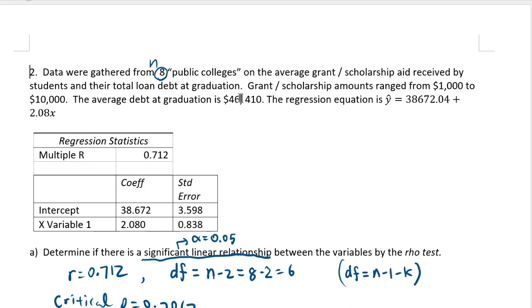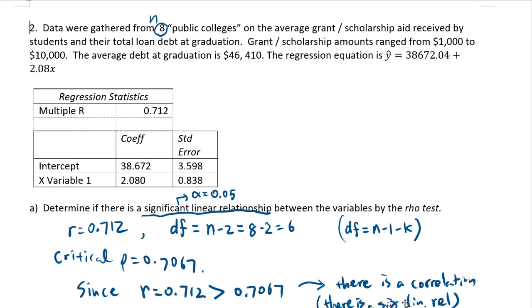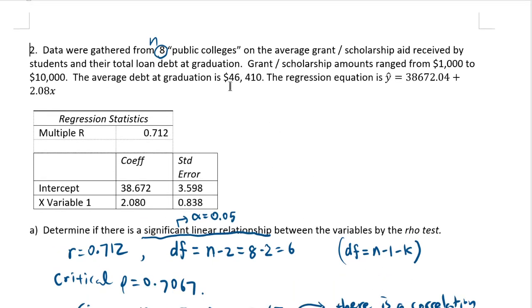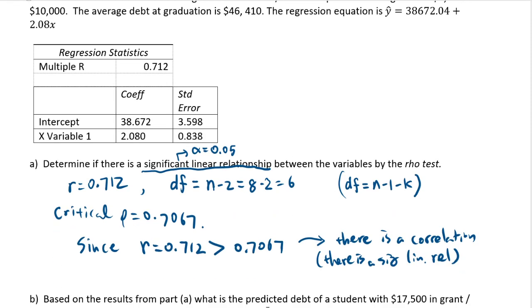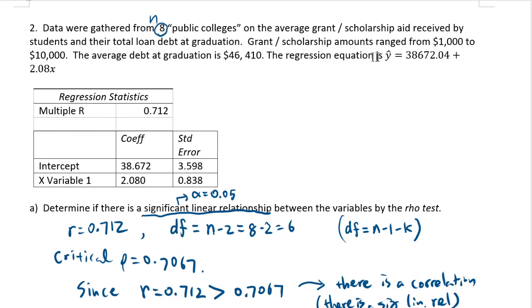So if this came out as not a significant linear relationship, then you would be using 46410 as your best predictor. However, because our regression equation came out significant, we now have to use this value to predict.